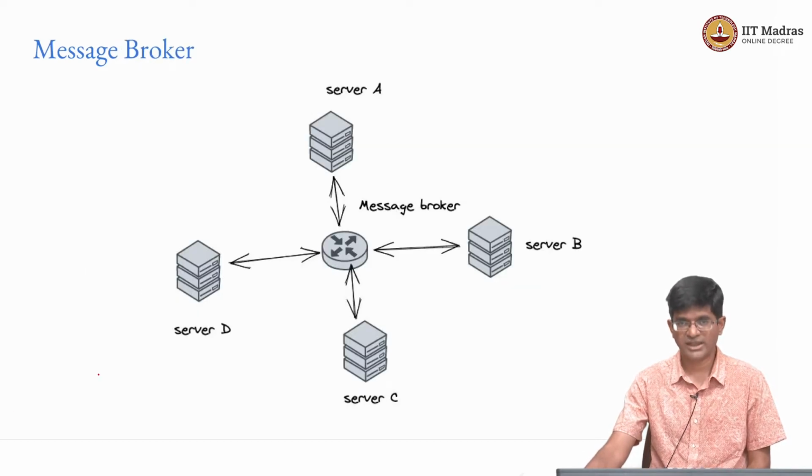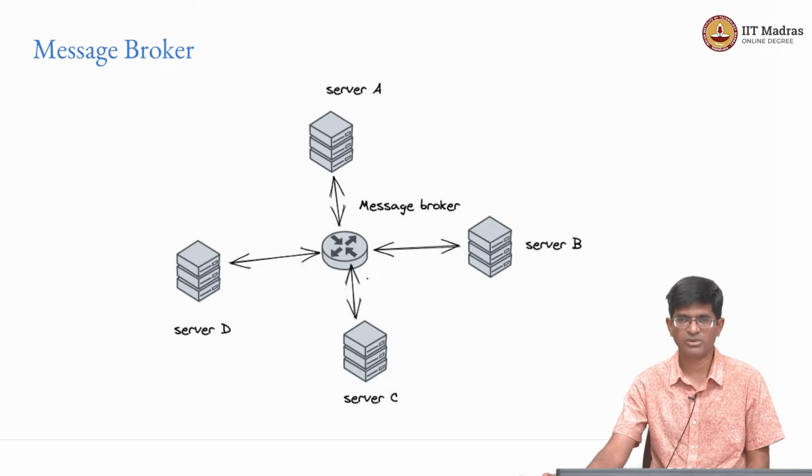Which means that one of the techniques that is used is to have some kind of a system called a message broker. And what we have done is we took out that point-to-point communication between each of the different servers and have replaced it with one centralized router that takes care of taking in messages from various different places and then shipping them out to the right targets. Okay, keep in mind that this message broker could potentially have some degree of intelligence.